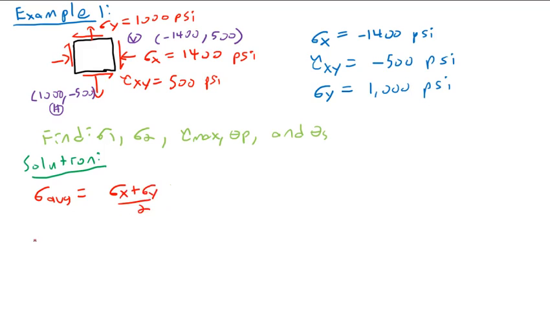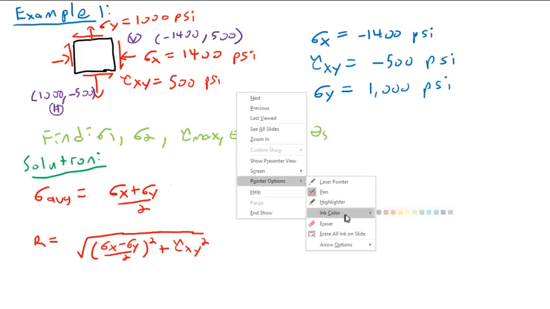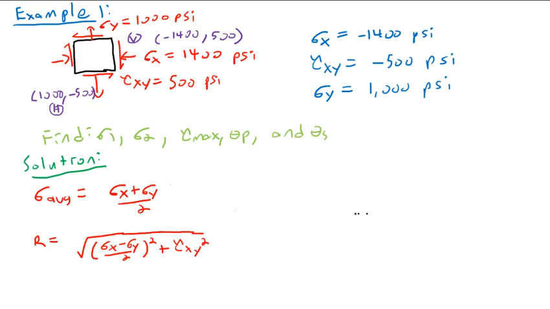And I'm going to use the radius equation, which is just the distance formula, square root of sigma x minus sigma y over 2, quantity squared, plus tau xy squared. And then I just plug in numbers, or substitute in numbers if we use the proper mathematical language.